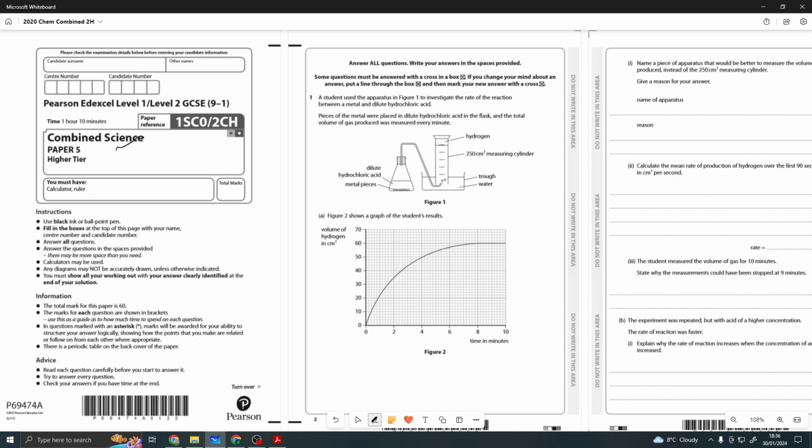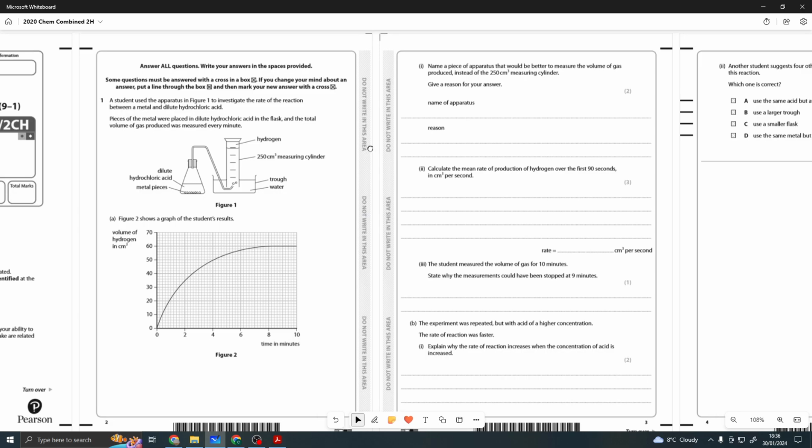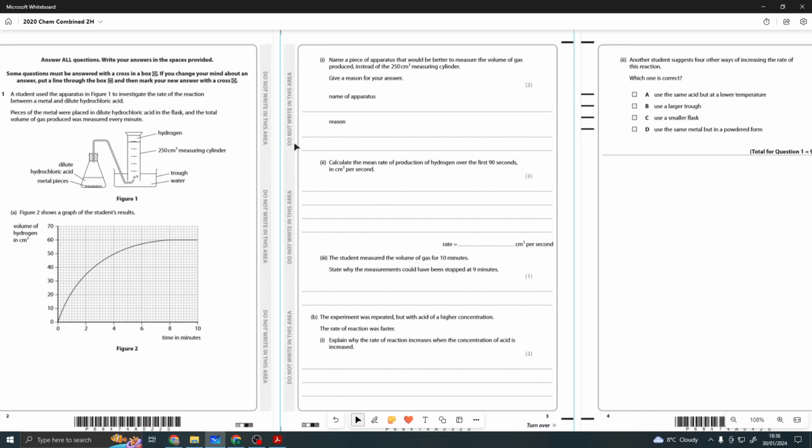Now, it says, and I quote, name a piece of apparatus which would be better to measure the volume of gas instead of the 250 centimetre cube measuring cylinder. Now, we've got to say here, obviously, we're going to use a gas syringe.